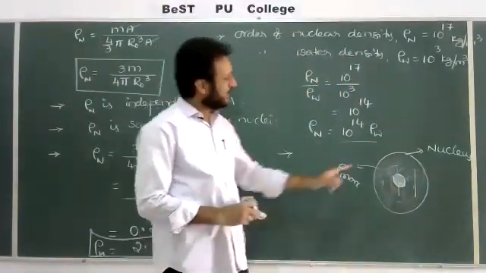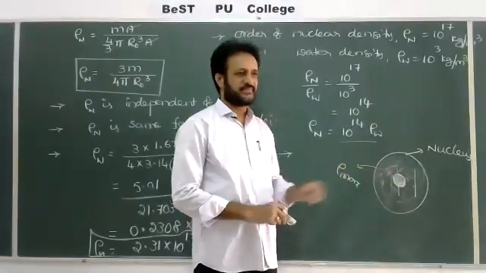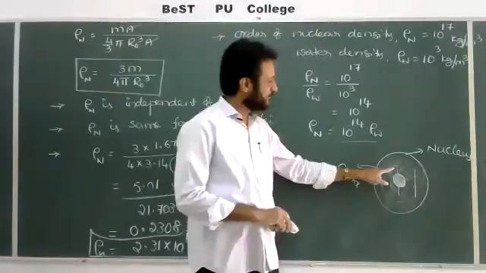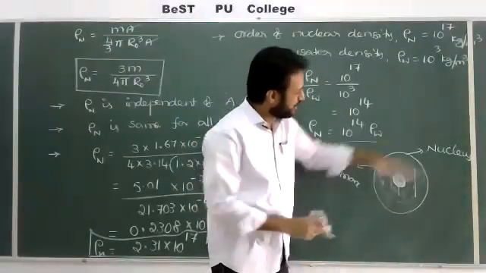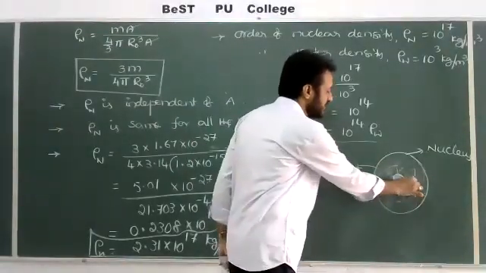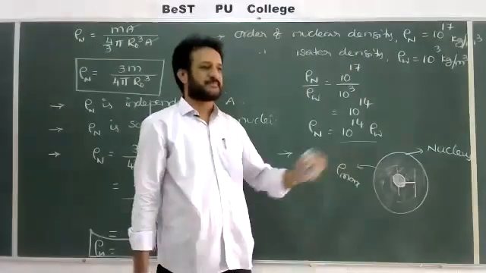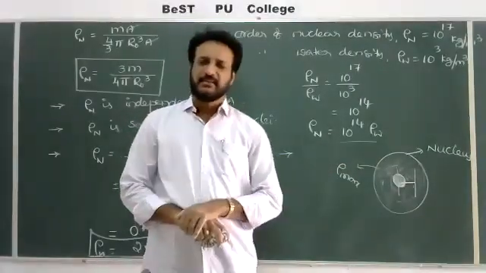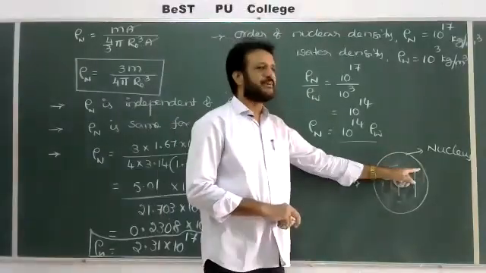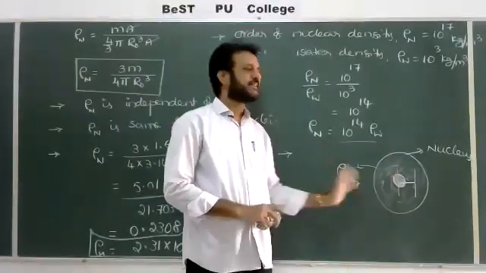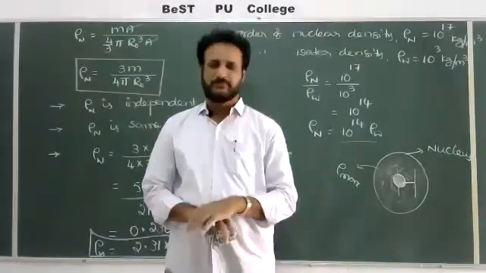For example, at the center, density equals 10, just a number example I am giving, but here the value is only 5, half of the value. Between these two, whatever the distance is, that can be taken as the radius. So the distance between the center of the nucleus to a point where the density becomes half can be taken as the radius of the nucleus. You can note down this point.